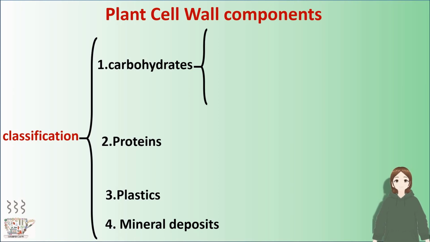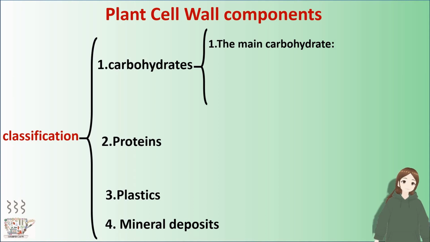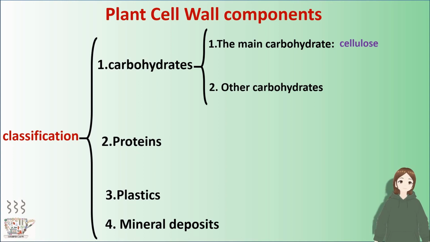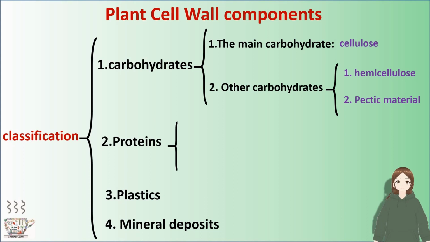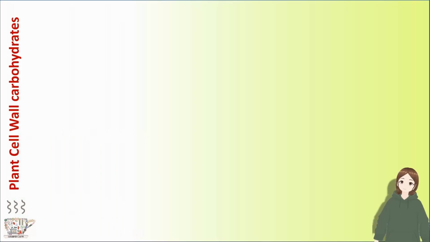Carbohydrates can be divided into 2 subgroups: the main carbohydrate, cellulose, and other carbohydrates that have hemicellulose and pectic material. Proteins can be divided into 2 subgroups, structural proteins and enzymes. Plant carbohydrates.